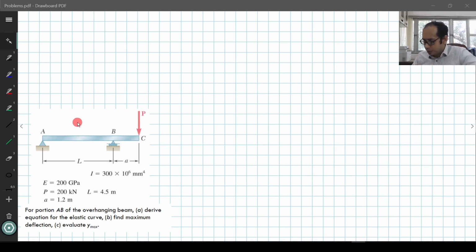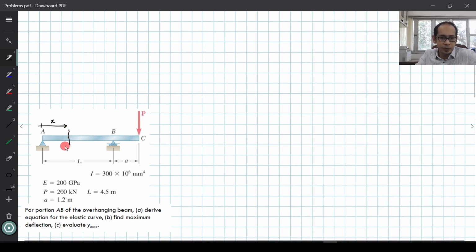In this problem as well, we take a section somewhere over here, say at a distance x from the left end, and write the expression for the moments there. To write the expression for the moment, you would need to find the reactions first. This is already solved, so I will write the reactions over here.